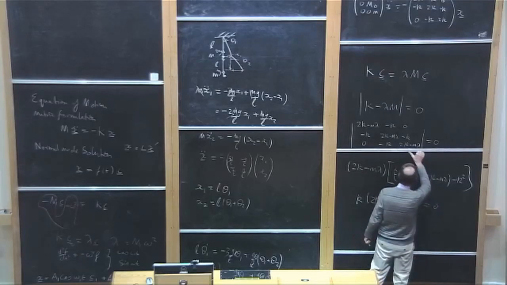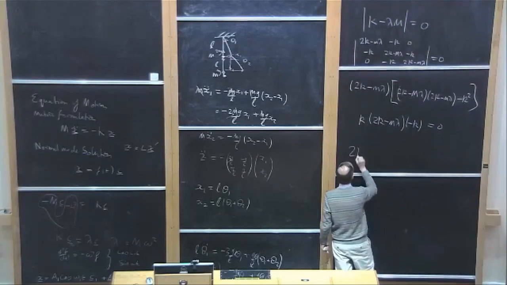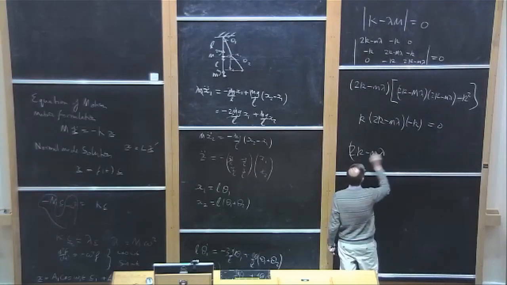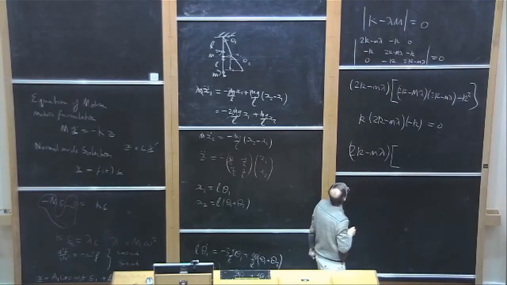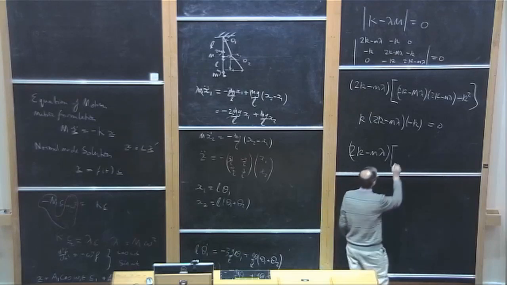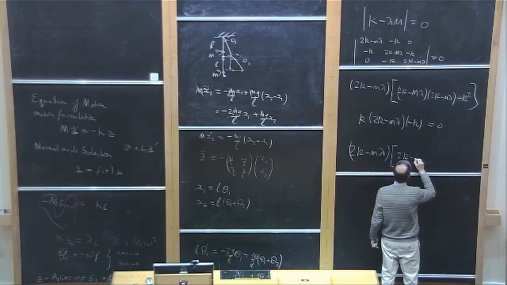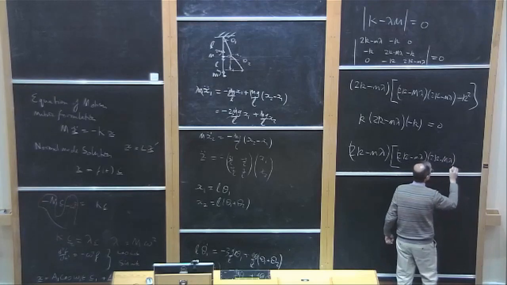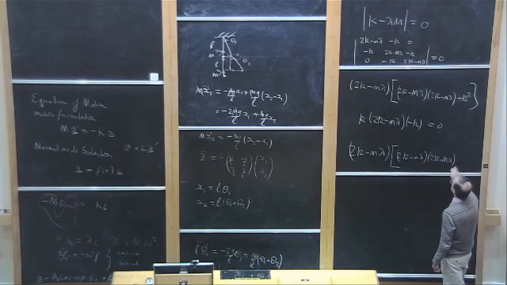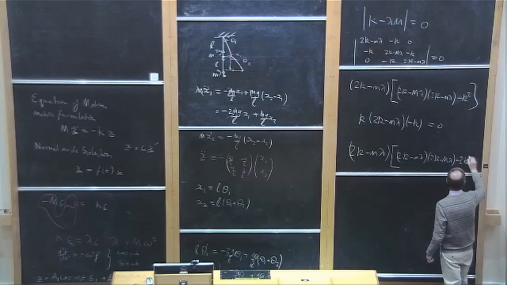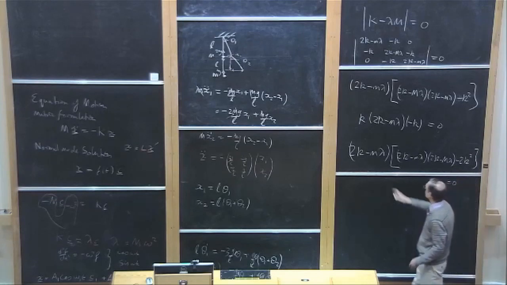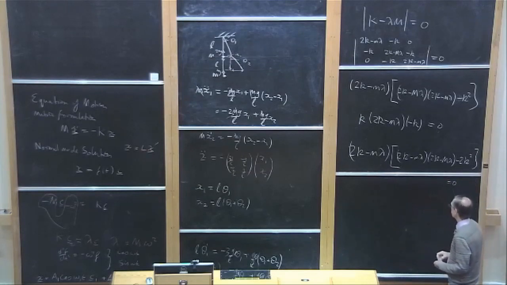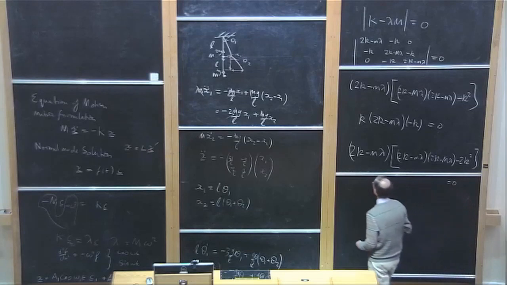So we have 2k minus m lambda, and then we have our quadratic, which is 2k minus little m lambda times 2k minus capital M lambda, minus k squared, minus 2k squared, and that equals naught. And so one of the roots of the polynomial is lambda equals 2k over m.